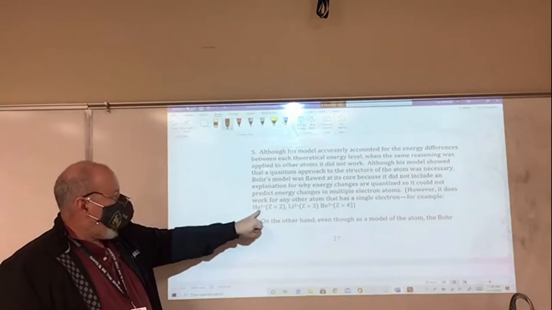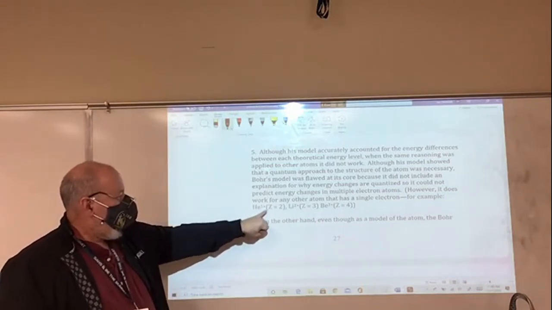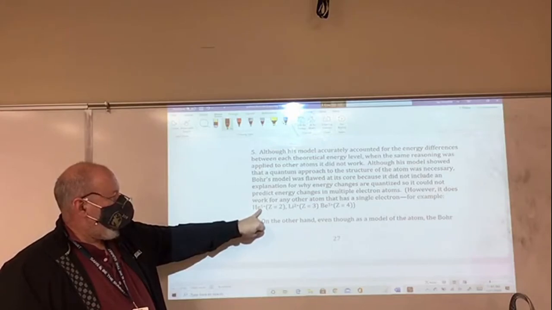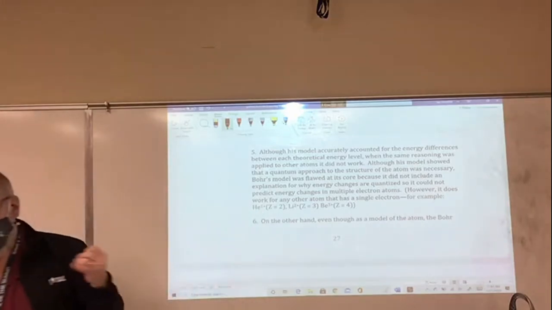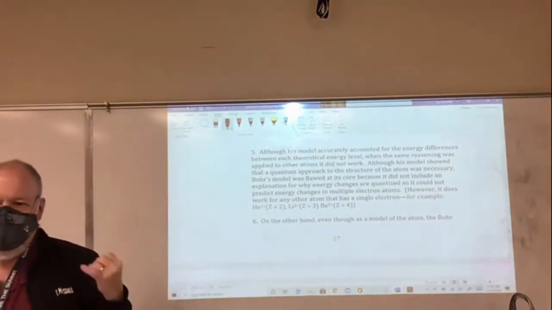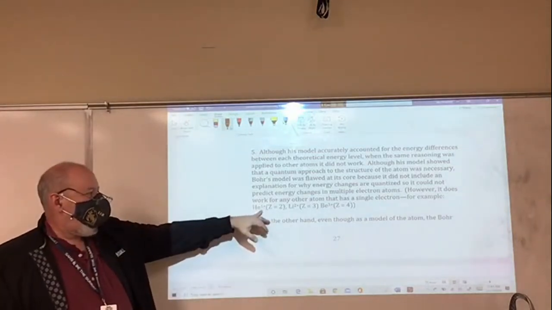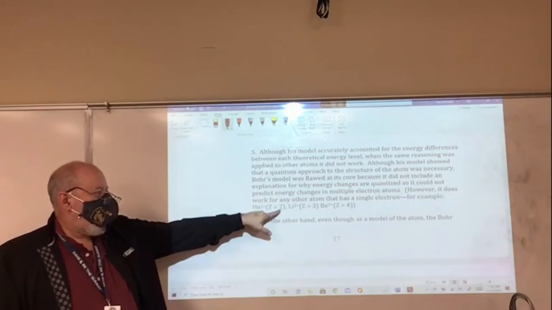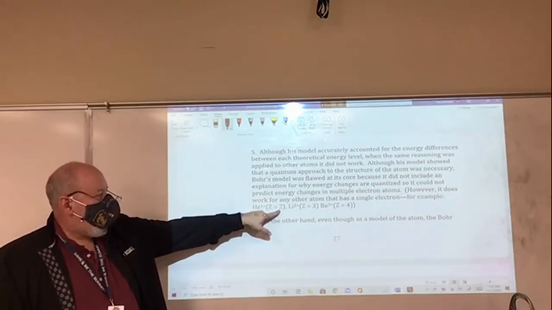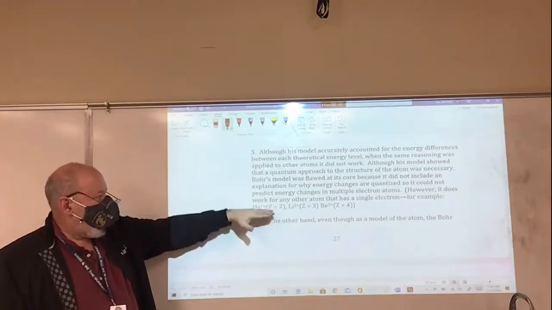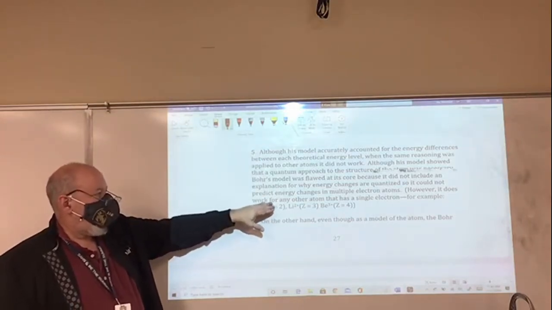So, for example, if I ionized one of the electrons of the helium atom, remember helium has 2 protons and 2 electrons. If I ionized one of those electrons, now it only has 1 electron, but it still has 2 protons. And if I plug 2 protons into that Bohr formula, then the energy levels calculate to be correct.